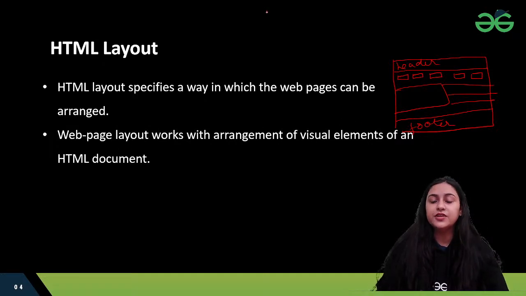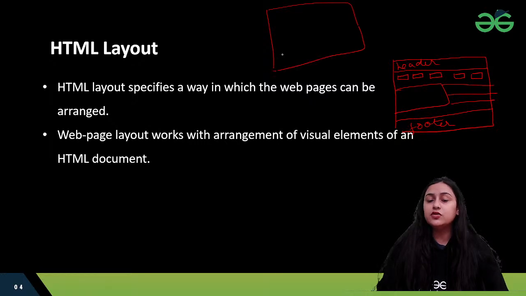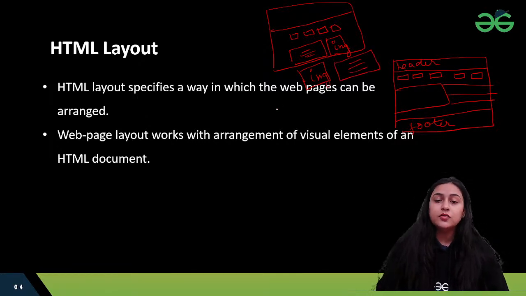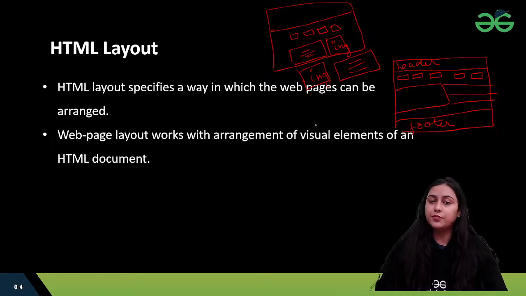For example, in the web page that I showed you previously, you saw at the top in the header there was an image, then here some buttons, right? Then after that you have a certain amount of text written over here, and then here there was an image, right? And next to it here there was an image, and then here was our content, right? Here was our text. So the way we arrange all the visual elements on our web page becomes our web page layout.